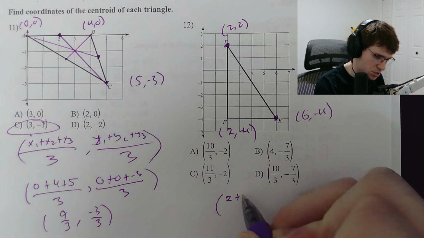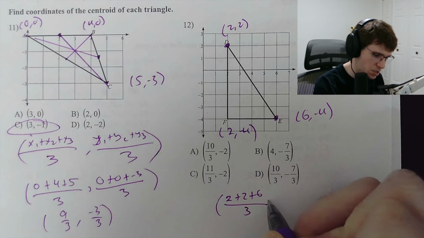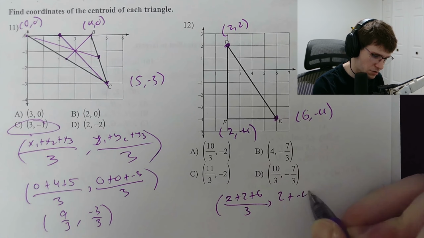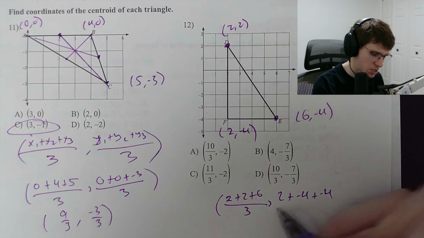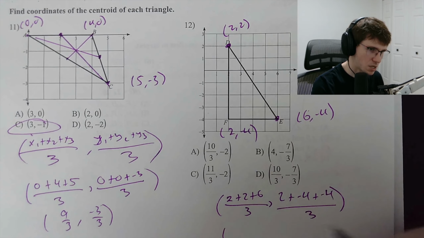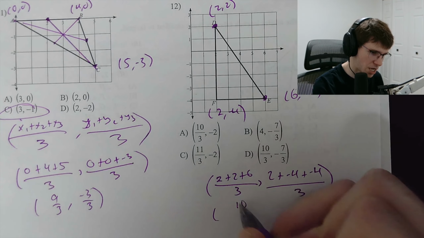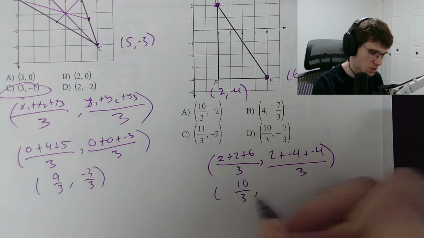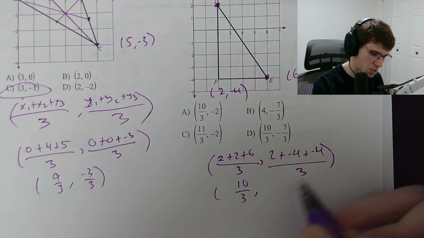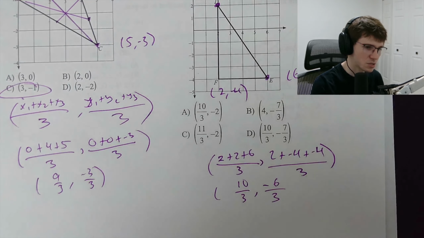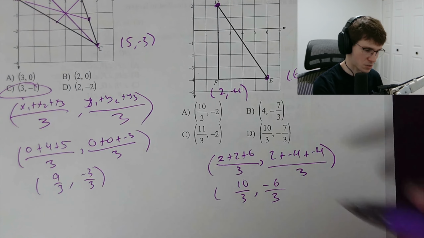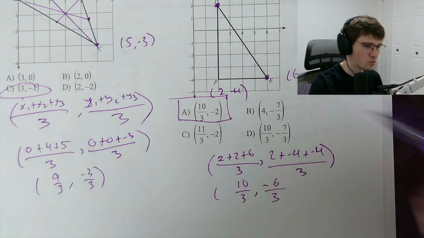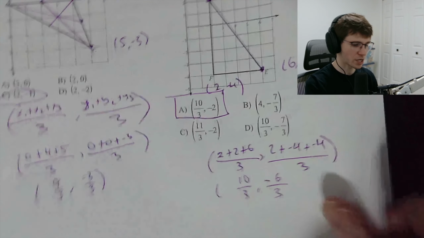So we have 2 plus 2 plus 6 divided by 3, and 2 plus -4 plus -4 divided by 3. That's going to be a total of 10 over 3, comma, -6 over 3. So our correct answer there is going to be the letter A. Beautiful. Moving on to our next page.